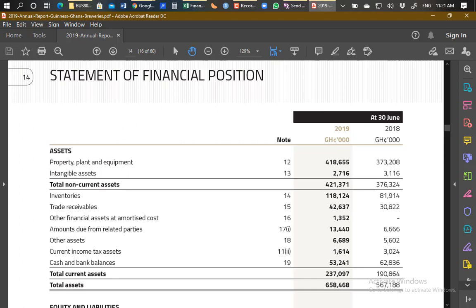How do you get the information to know all these things? That's where the analysis comes in. So the analysis simply means employing some quantitative analysis on the financial statements to get further information or enhanced information to guide your investing, your credit, and other decision making.